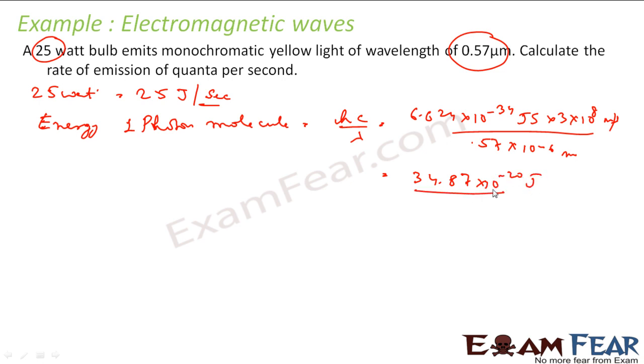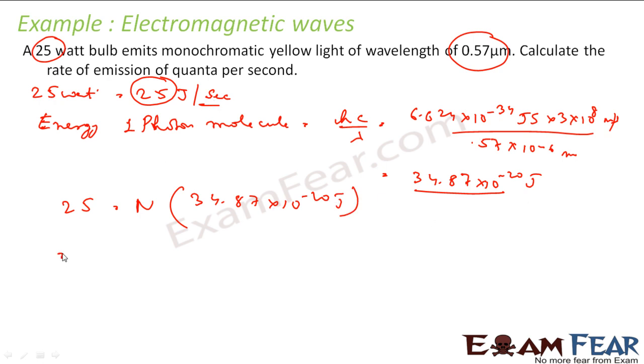Please note, energy of one photon. So energy of one photon is this, and I am saying that per second my bulb is emitting this much energy. So to emit this much energy, I need some n number of photons. That means 25 joule is nothing but some n number of photons into this energy. Correct? Because n photons will give this much energy.